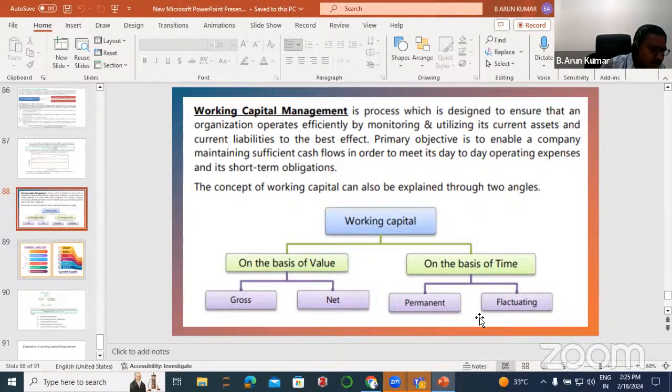Go through that page, and also the advantages and disadvantages of issuing bonus shares.